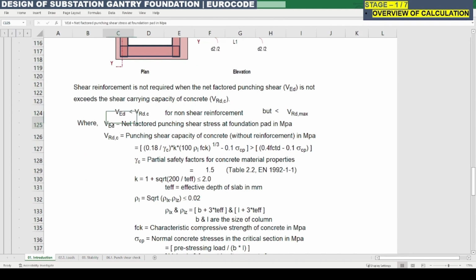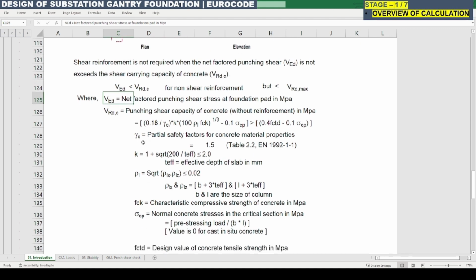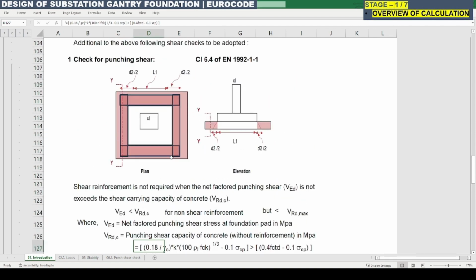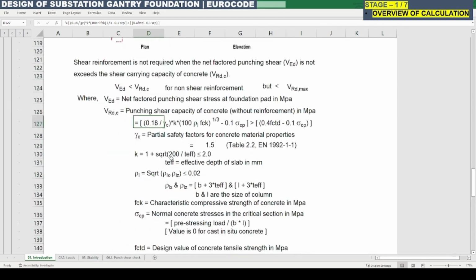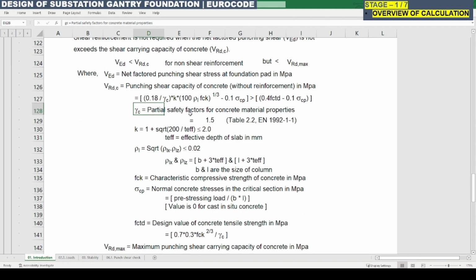In order to find the VED, that is the net factored punching shear stress at the foundation pad, we need to calculate it, or we need to get it from the structural loads, and VRD, the punching shear capacity, we need to calculate using this equation. So anyway, we will be seeing this in our upcoming video during the punching shear stage. These are the formulas given in the European standard.